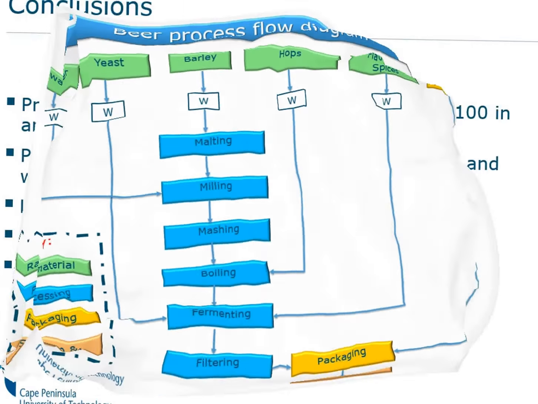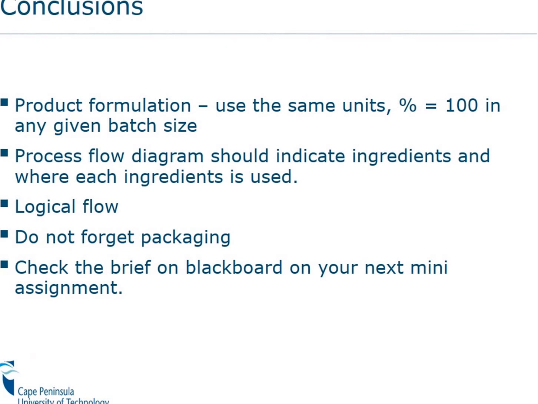So what is the conclusion? Product formulation: what is more important is that you need to use the same units. If you are using kilograms, stick to kilograms. Or if you are using grams, stick to grams. Don't use teaspoons and then use kilograms in the same product formulation.